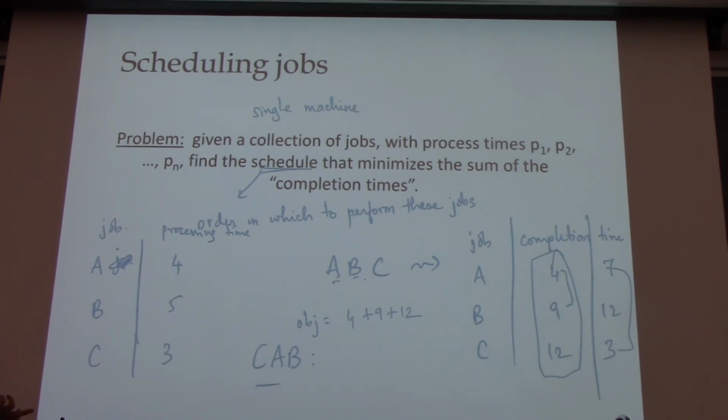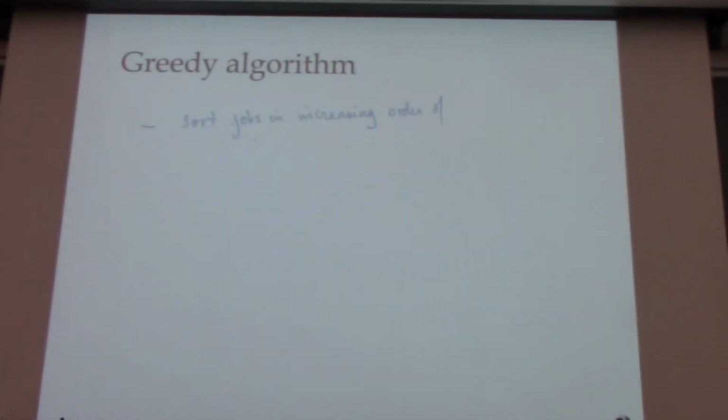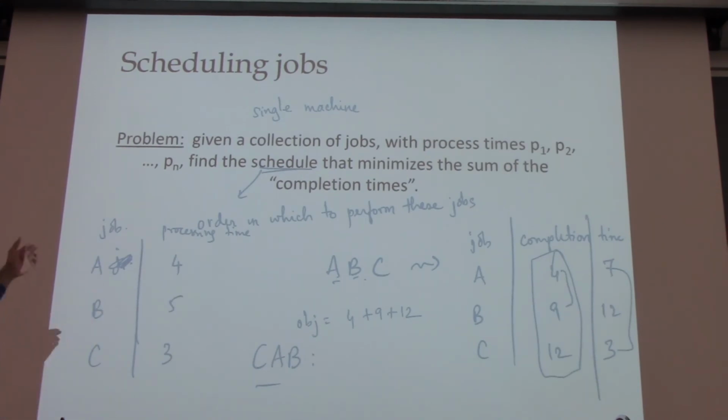So a reasonable heuristic seems to be to sort jobs in increasing order of processing time, and just execute them in that order. So in this case, the order is C, A, B, so that's the order in which you execute.